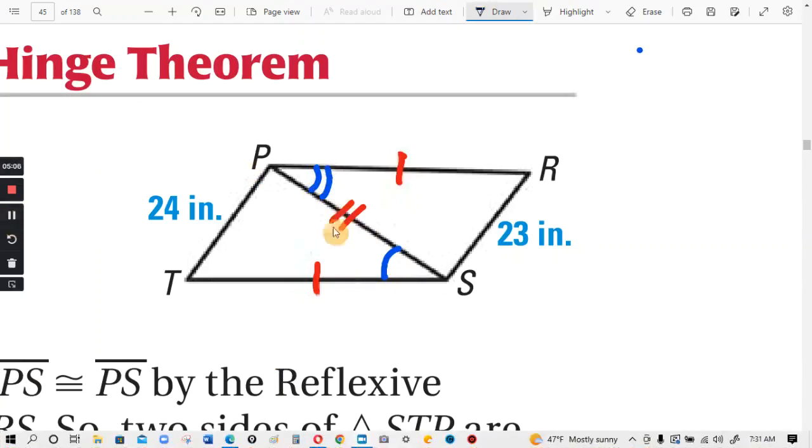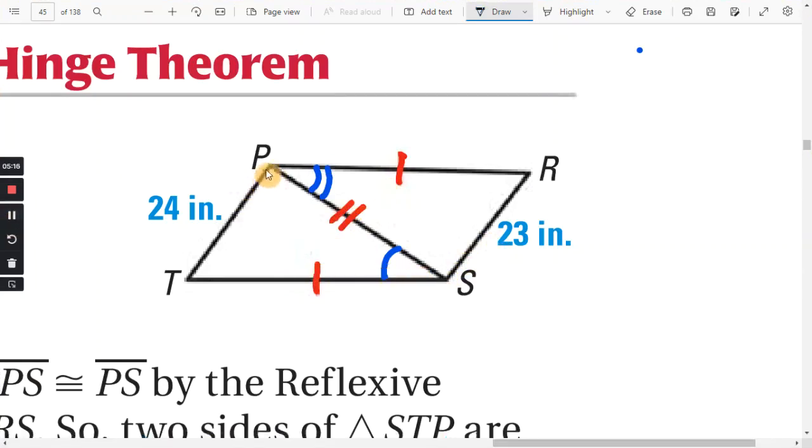All right, we have two congruent sides matching two congruent sides. So we can look at the third side. Okay, we can see that this side here, PT, is greater than this side here, which is RS. Okay, PT is greater than RS.